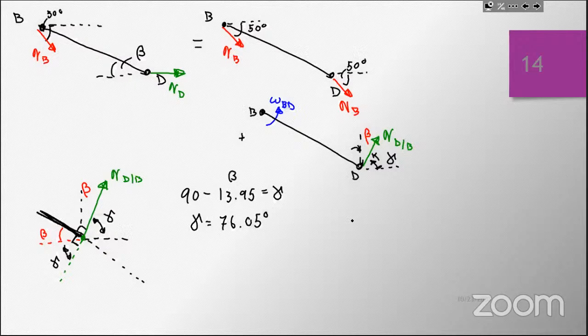I don't want to draw this. So you can break this down into components as well, right? I can go this way and then this way.